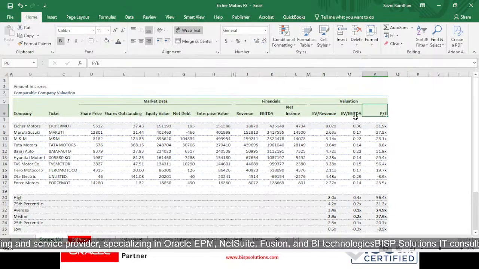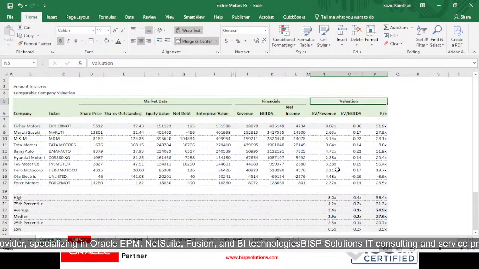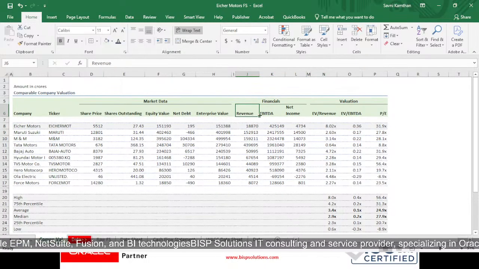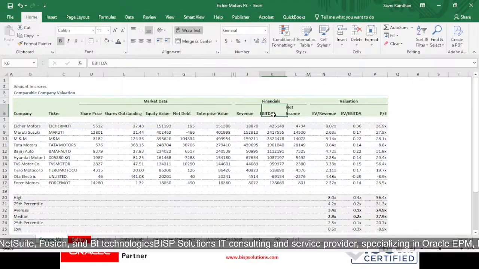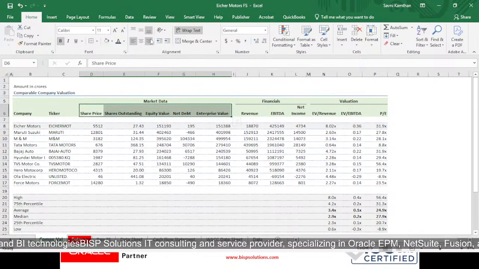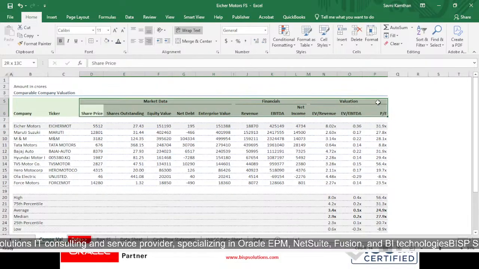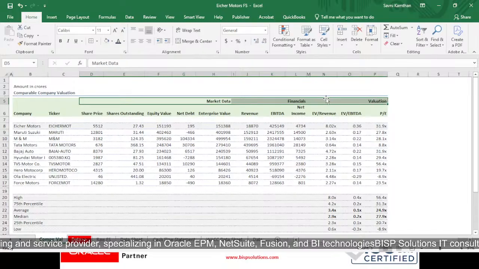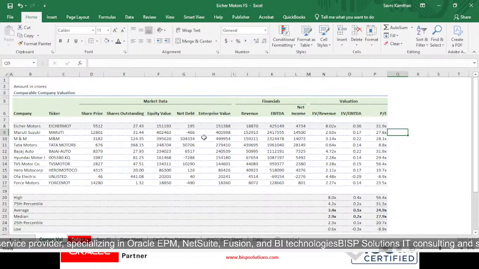In EV revenue, EV EBITDA and PE, I have written valuation because we have to do valuation for these companies. For financials, I will take out my revenue, EBITDA, net income. Just a second, I have to do some formatting over here also, right? This is in the middle, right?